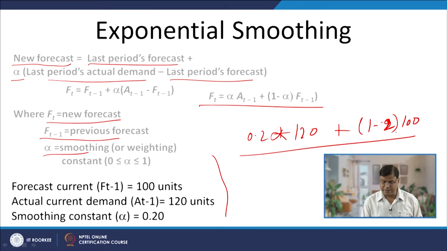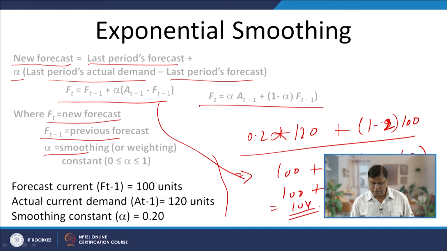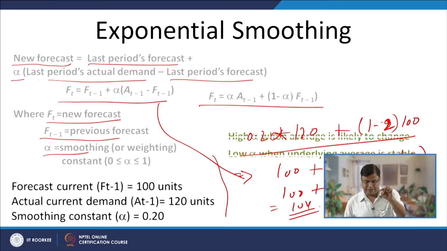Another simple way is to put the data in this equation: F_(t-1) is 100, alpha is 0.2, the actual demand is 120, and the forecast for the most recent period is 100. That is how it becomes very simple, and 104 will be the next period's forecast.